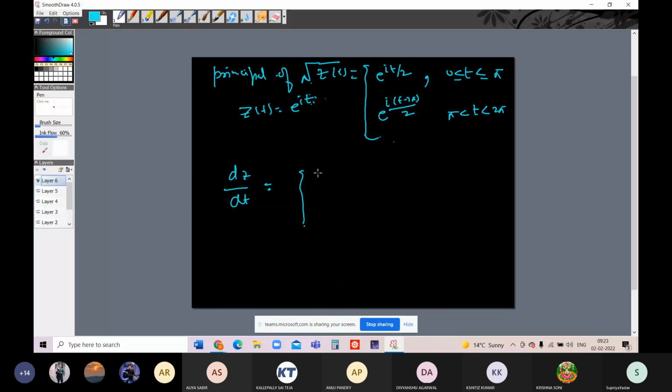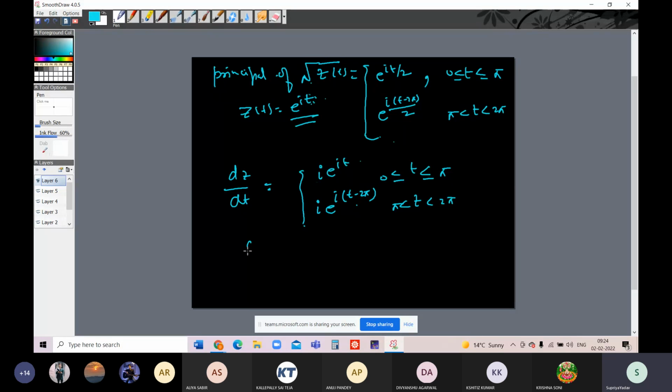Differentiating with respect to t, dz by dt will be i times e^(it) when t lies from 0 to pi, and when t lies from pi to 2 pi, in place of t it will be t minus 2 pi. So this will give you i e^(i(t minus 2 pi)). So this will be dz by dt.